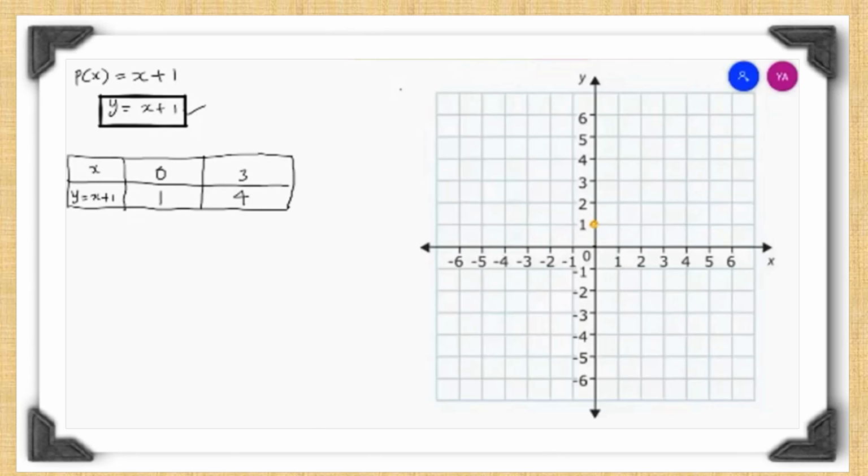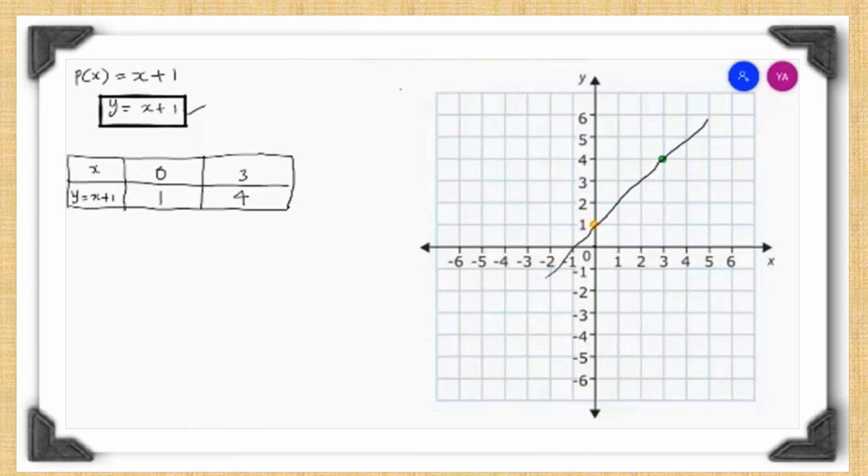And next, if x is equal to 3, y is equal to 4. So this point will be a point on our graph. Okay, so we got 2 points. You can join these points to complete the graph. I take a pen and join these 2 points, and we will get a straight line.